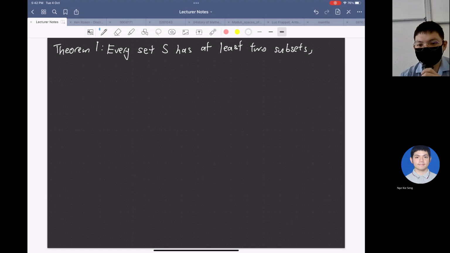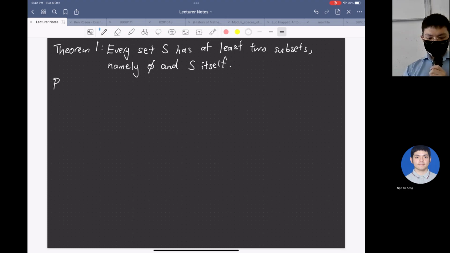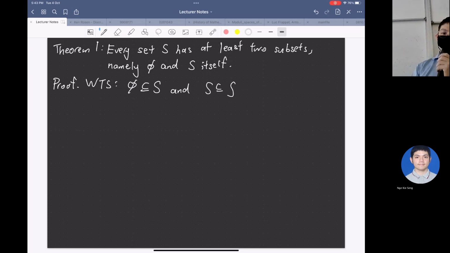To make sure this is not just for fun: every set has at least 2 subsets, namely the empty set and the set itself. We want to show the empty set is a subset of X and X is a subset of X. We will prove this using a direct proof.